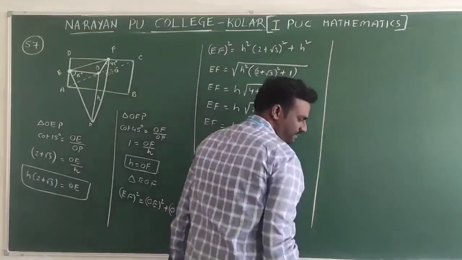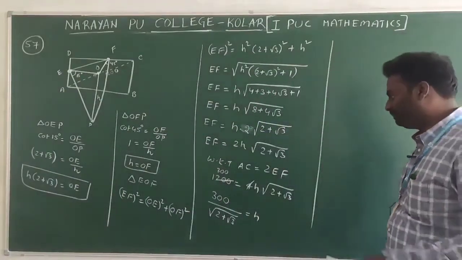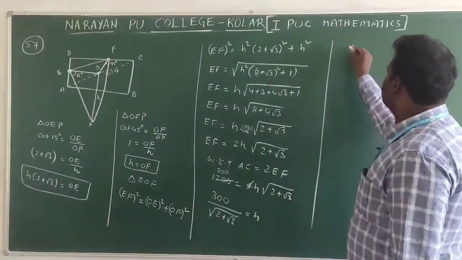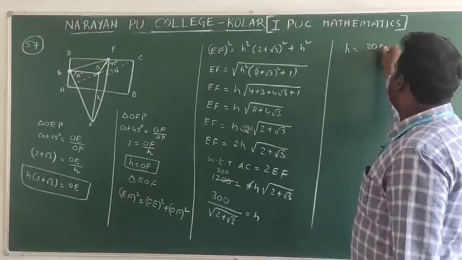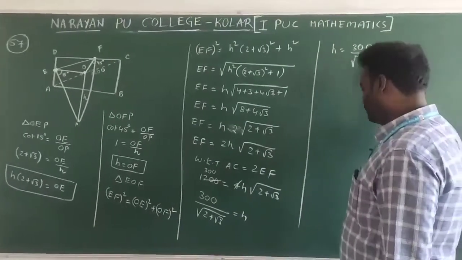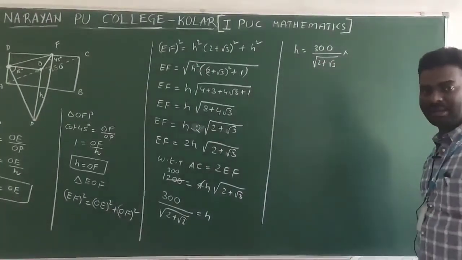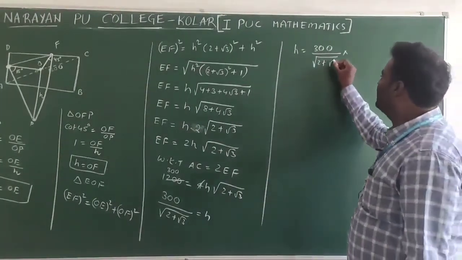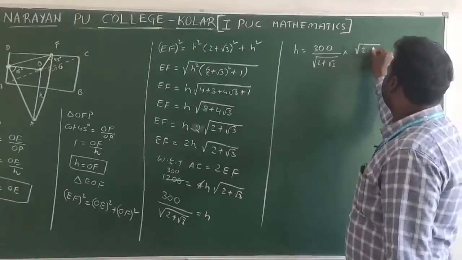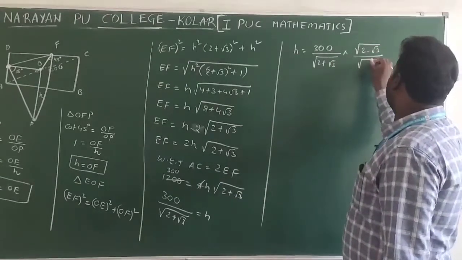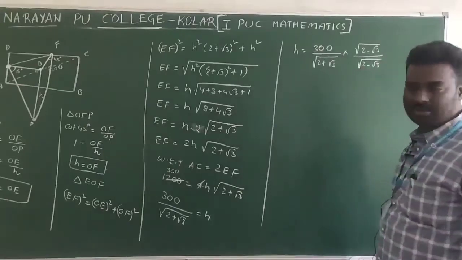Rationalize the denominator because this option is not given. H equals 300 by under root of 2 plus root 3. Rationalization means in place of the plus symbol in the denominator take minus, multiply and divide by under root of 2 minus root 3 by under root of 2 minus root 3.